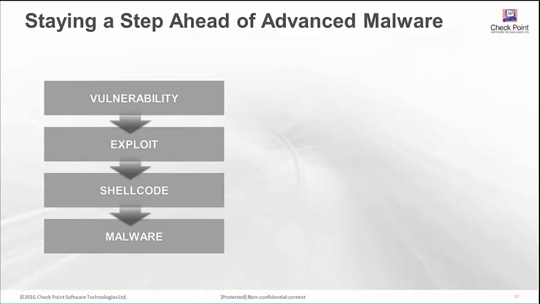So to understand this, we'll take a quick look at the kill chain in getting malware to be installed on a system. So the first piece of that is looking for a vulnerability in some piece of application software, whether it's the operating system or a browser, Microsoft Word, or Adobe Flash.